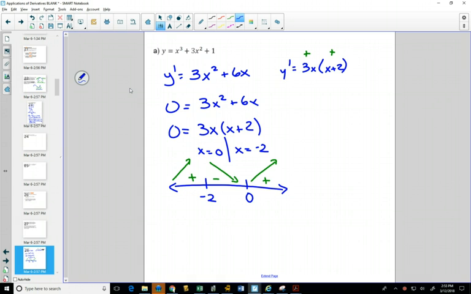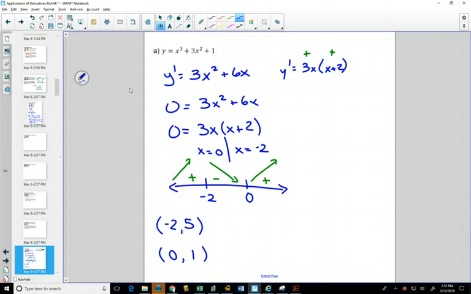So what that tells us is that we have two stationary points, and we can classify them. We have one stationary point at -2 comma something, our other stationary point at 0 comma something. We plug our values back into our original equation. -8 plus 12 is 4, plus 1 is 5. And 0 plugged in will be 1.